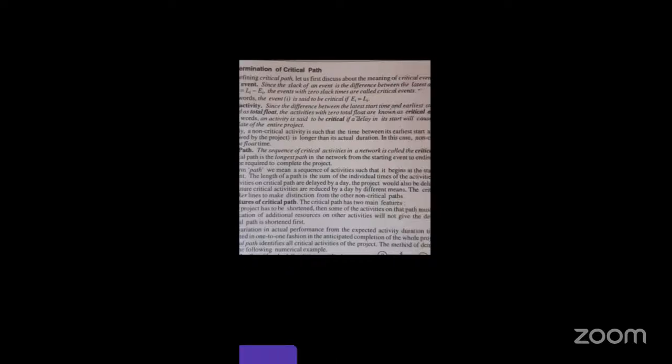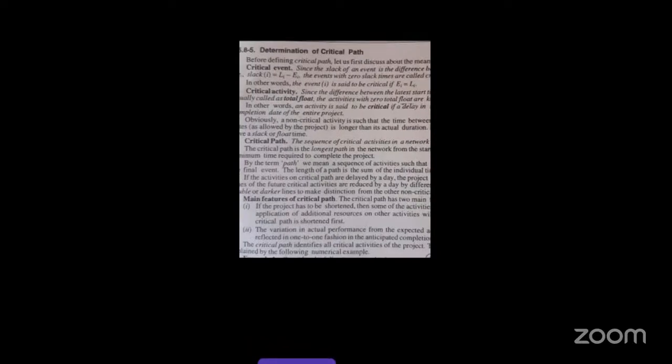That is the latest starting time and earliest starting time. The difference between these two, an event with zero slack, is called a critical event. So if Li minus Ei equals 0, then that is called a critical event.